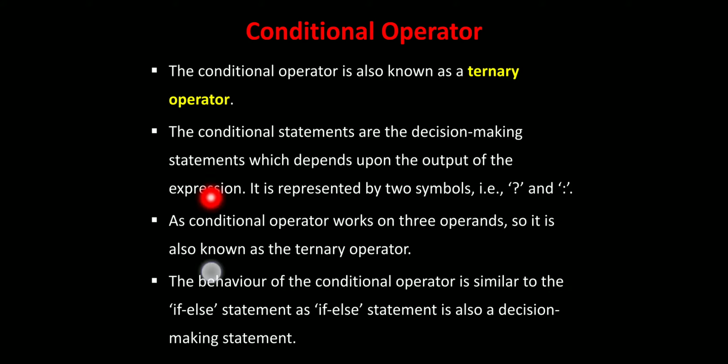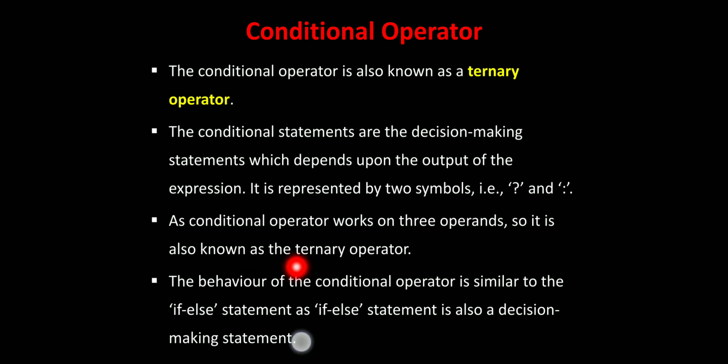As the conditional operator works on 3 operands, it is known as the ternary operator. Unary operators work on a single operand. Binary operators work on 2 operands. Ternary operators work on 3 operands.